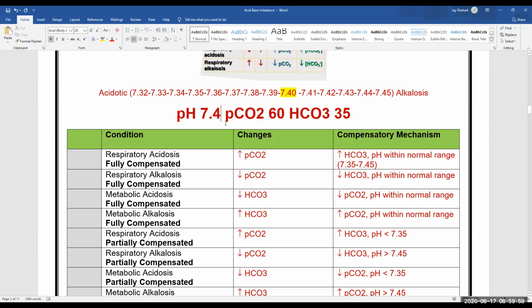All right. Now, if I didn't give you anything at all, and I gave you a 7.442, no, 37. If it's 37 here and you don't know what's going on here, right? You have this and you have this. How can you tell if it's alkalosis or acidosis? Wouldn't it be acidosis because it's closer to the acidotic pH? Yes, absolutely.